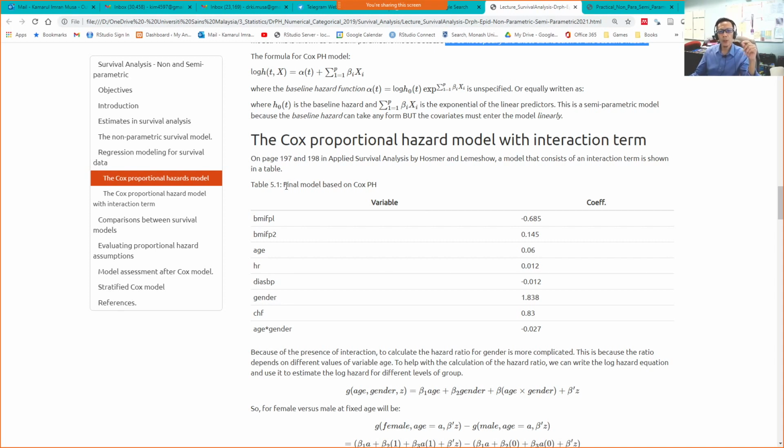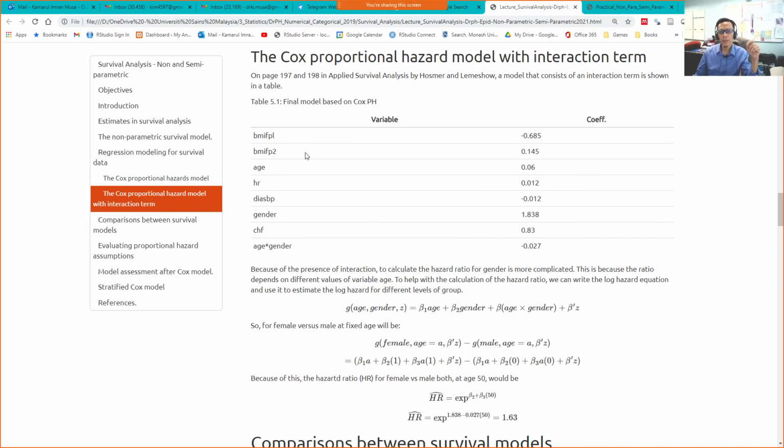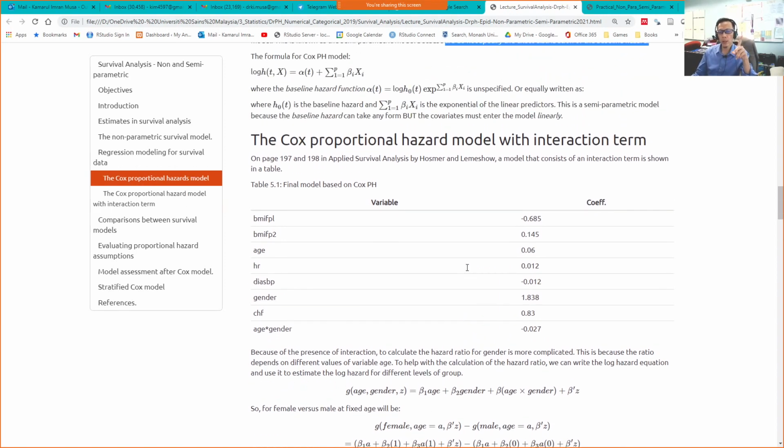For example, if you look at table 5.1 in Applied Survival Analysis, we have these variables, and then we have the coefficients, which are the log hazard: age, gender, and the interaction between age and gender. One thing that you will notice is that there is no constant here.